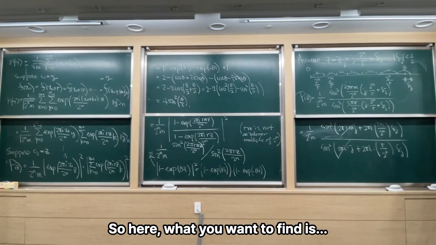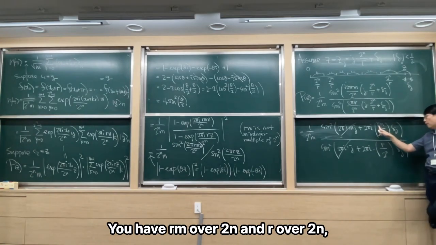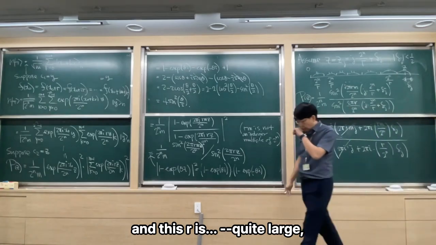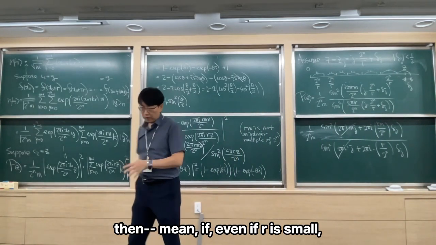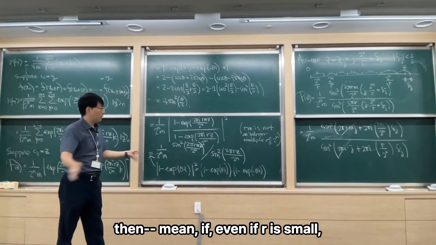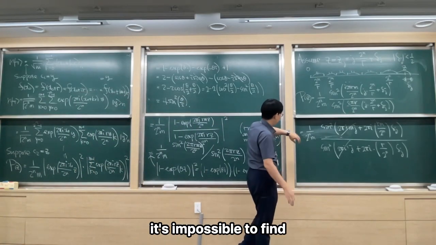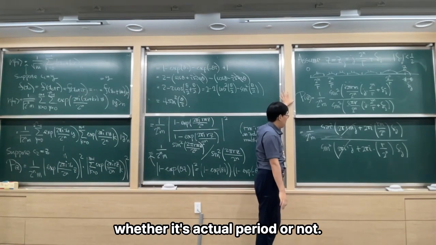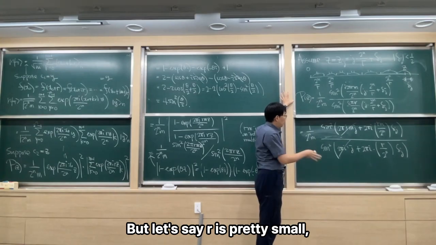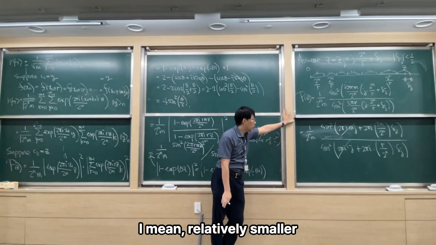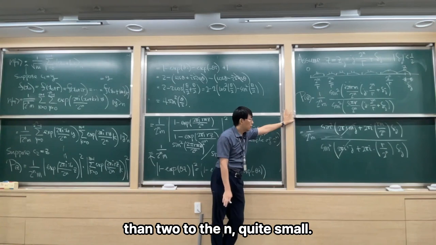So here, what you want to find is you have rm over 2^n and r over 2^n, and this r is quite large. If r is small, then even if r is small, it's impossible to find whether it's the actual period or not. But let's say r is pretty small, relatively smaller than 2^n, quite small.